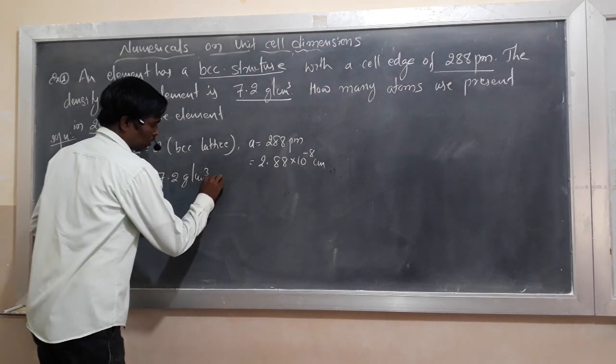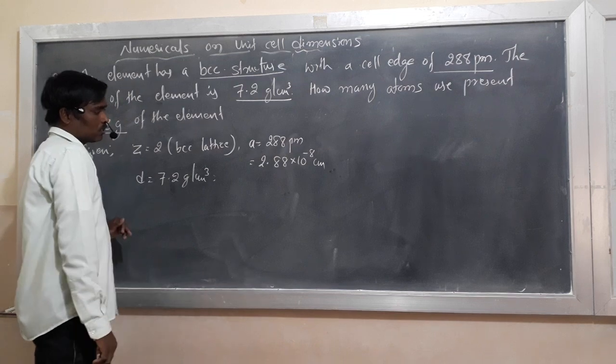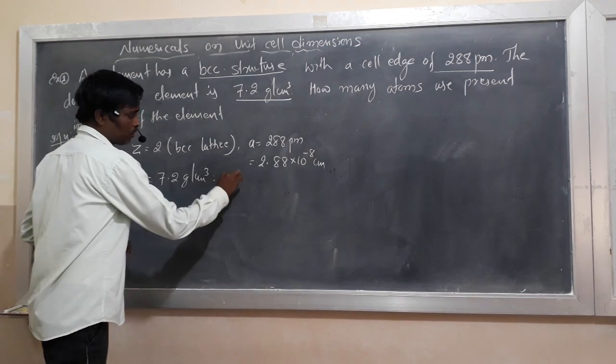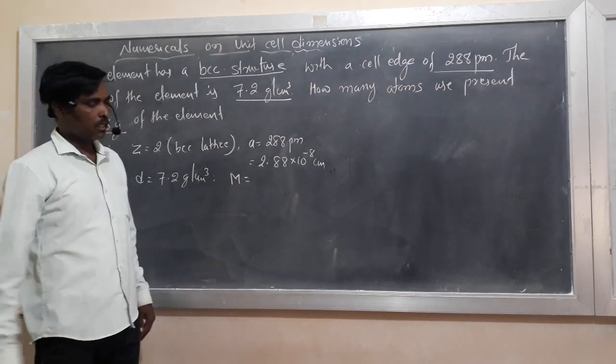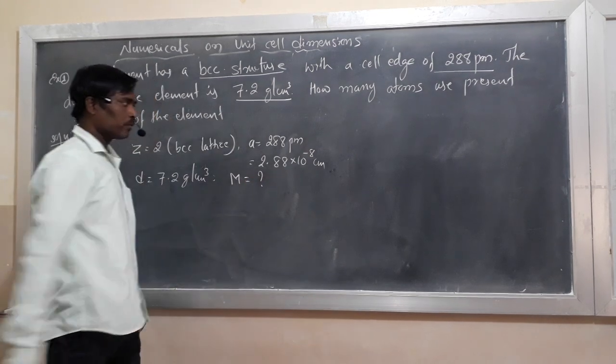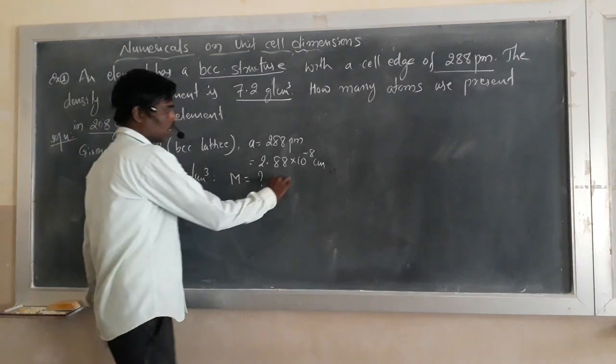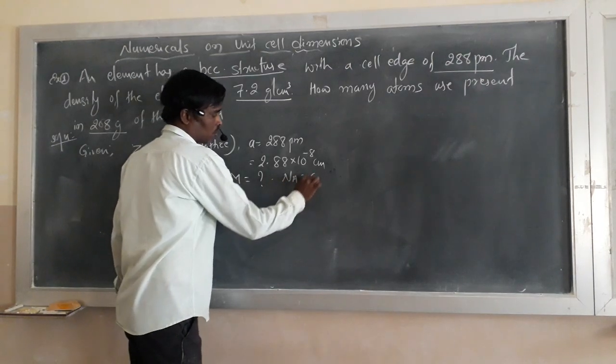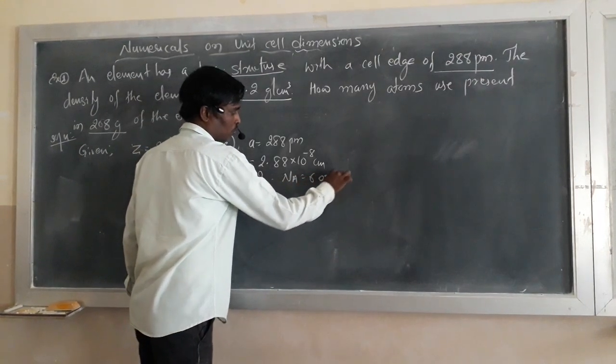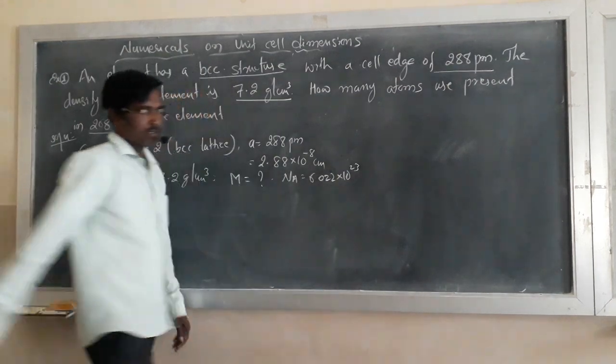Then calculate the gram molecular mass of that element. Molecular mass m is equal to question mark. Another data we know is Avogadro's constant, 6.022 into 10 raised to 23.